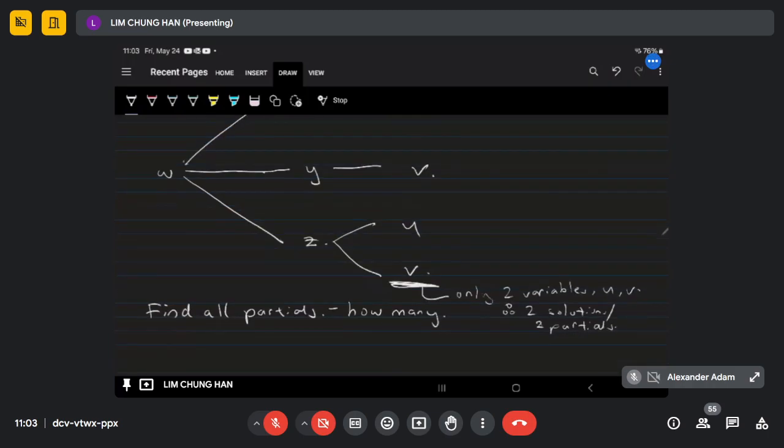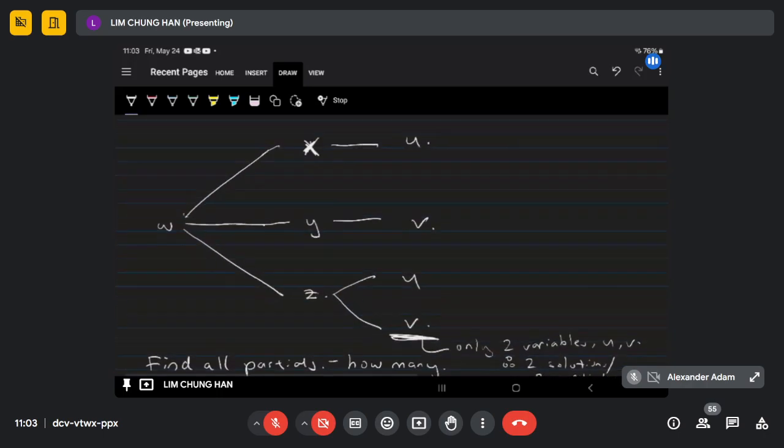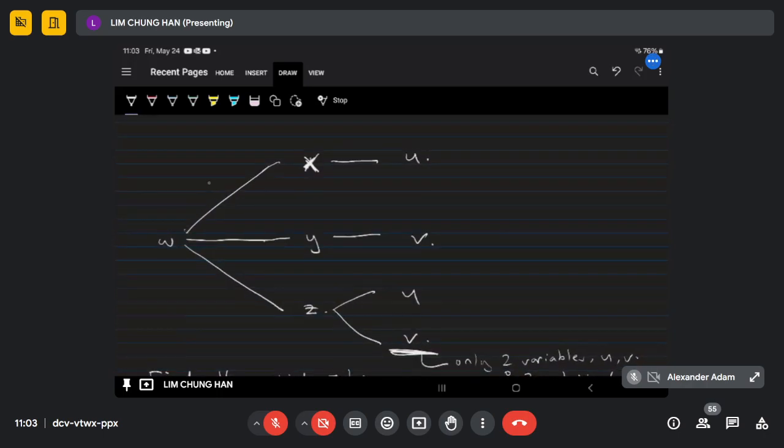Okay. You have two solutions, two partials. So now let's fill in the tree. From w to x, dw dx, w to y, dw dy, w to z. Okay.